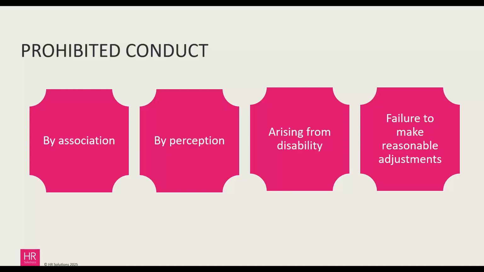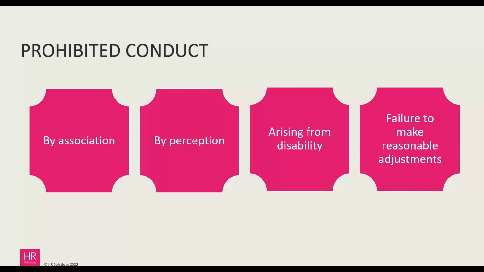First, there's the act of discrimination arising from the disability, and that's where someone is treated unfavourably because of something connected to the disability rather than the disability itself. And the second one is around the legal duty to make reasonable adjustments for someone with a disability. Adjustments are those changes an employer makes to remove or reduce a disadvantage. And so where there's a failure to make a reasonable adjustment, then that is a form of disability discrimination.